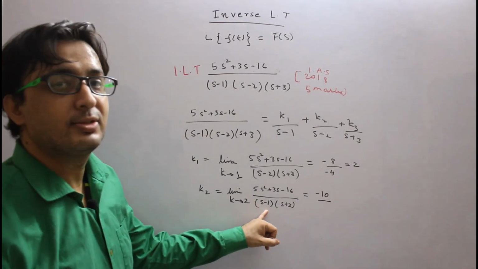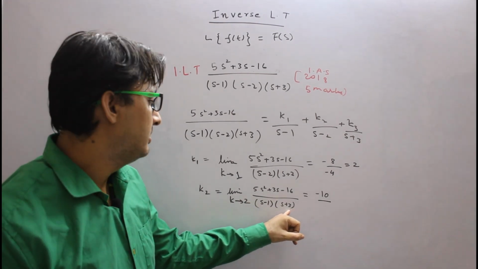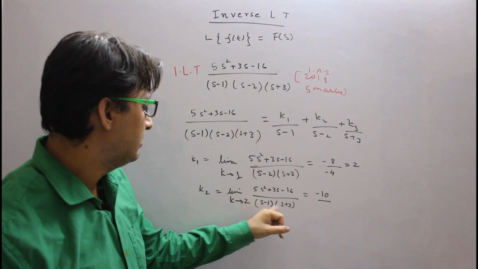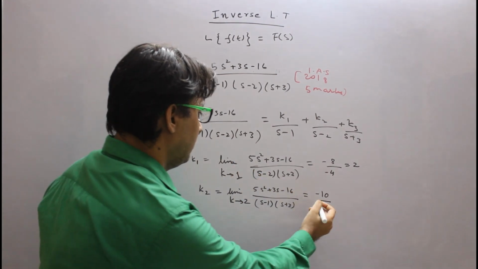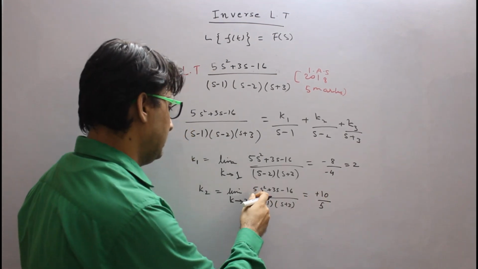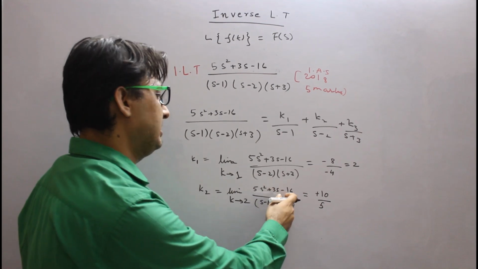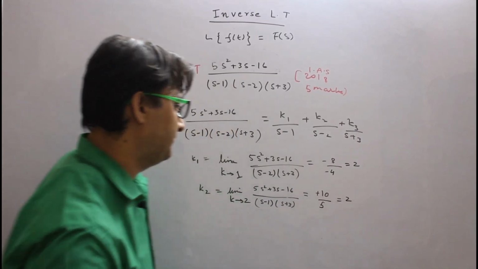Here 2 minus 1 is 1 and 2 plus 3 is 5. So this gives us 2.